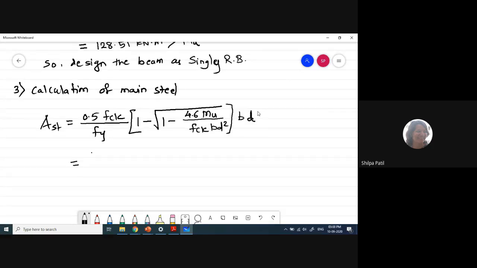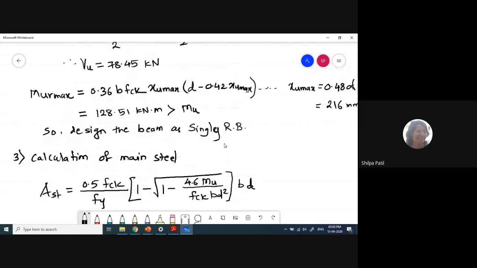Let us put all the values. 0.5 into 20 divided by 415 into bracket 1 minus under root 1 minus 4.6 into mu value we have calculated in kilonewton meter, right?